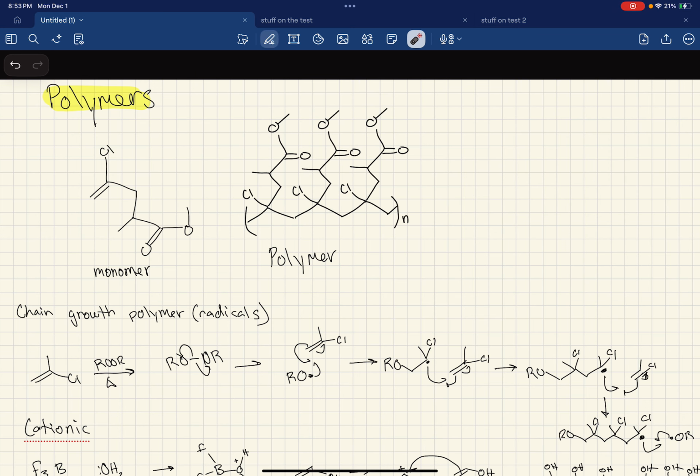I think the easiest way to find what the monomer is, with the polymer, you're typically going to have this zigzag backbone like this. So what I would do if I were you guys, I would label them A, B, A, B, A, B. And then I'd come over here and draw that double bond.